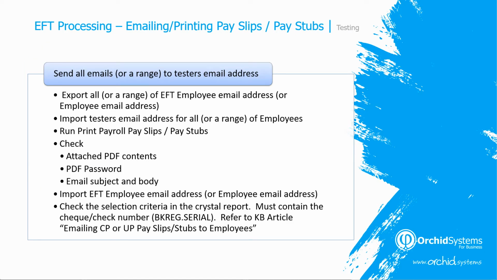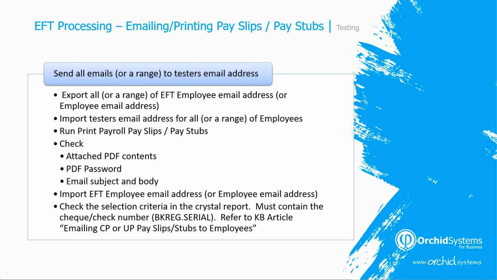When sending emails for the first time and after any upgrade, you should always test your report and test the email routine, and ensure that you're both picking up the correct report and the correct password is being applied to the report. So what we recommend you do is export all or a decent range of the EFT employee email addresses and import in a tester's email address so that all the emails get sent to one person to test.